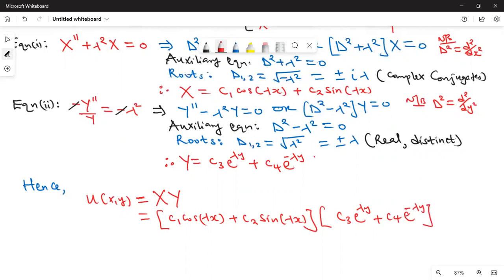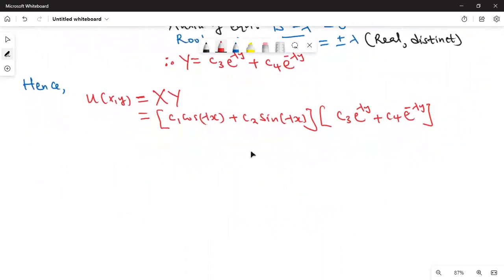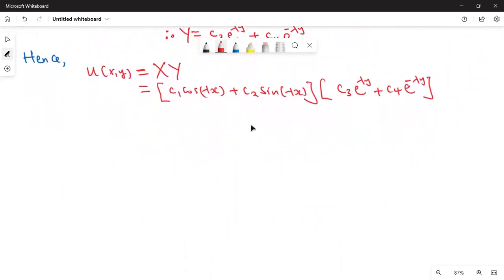So that's what we have as our general solution, where C1, C2, C3, and C4 are arbitrary constants.